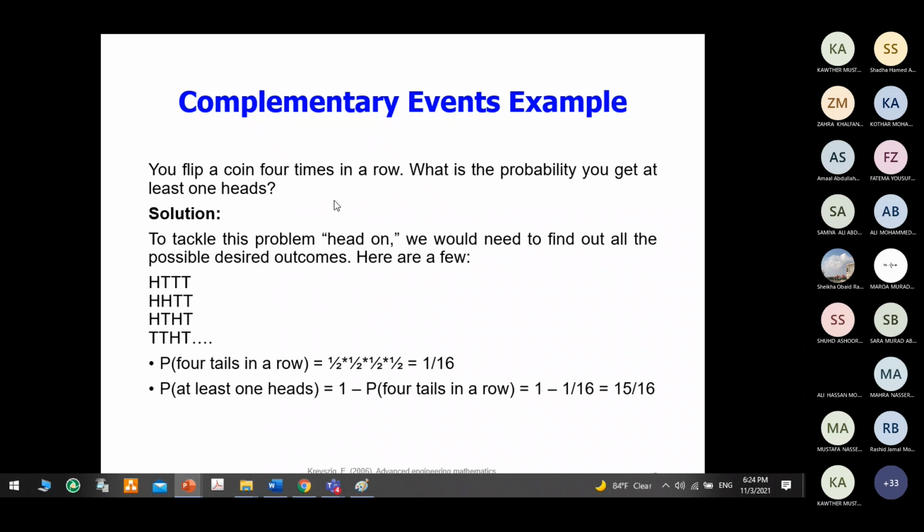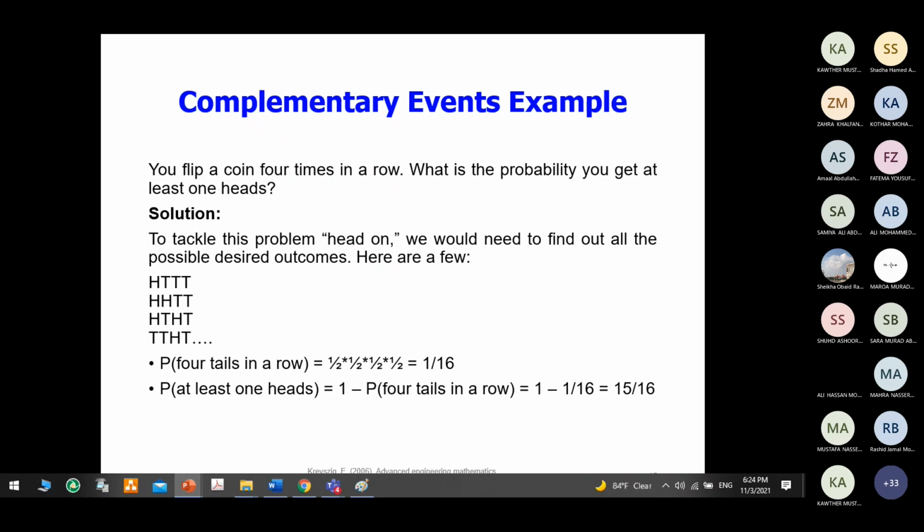Another example. We flip a coin 4 times in a row. What is the probability you get at least one head? Now, each time I toss the coin, I get either head or tail. It means 50% head, 50% tail, so 1/2 head, 1/2 tail.